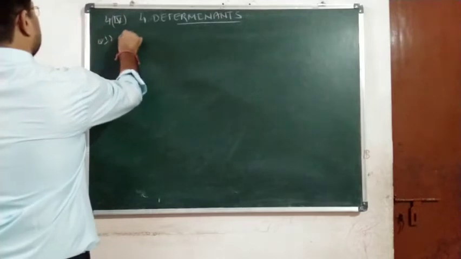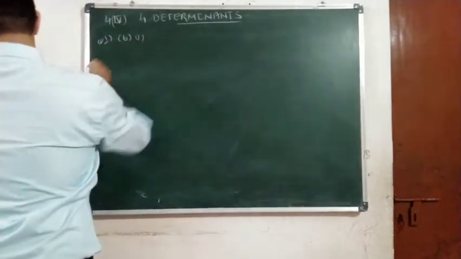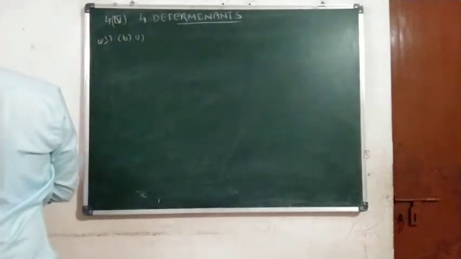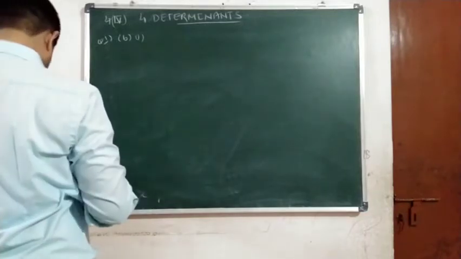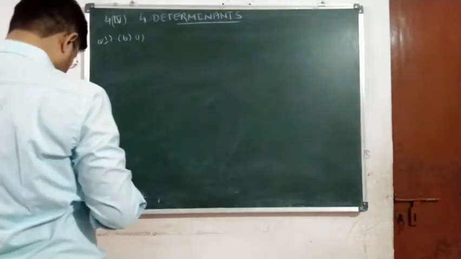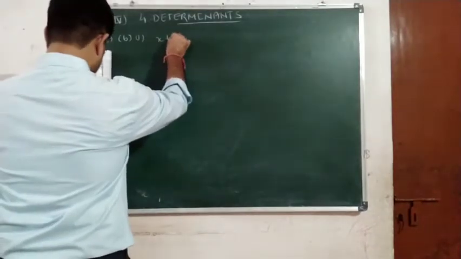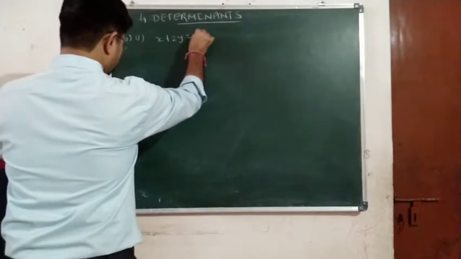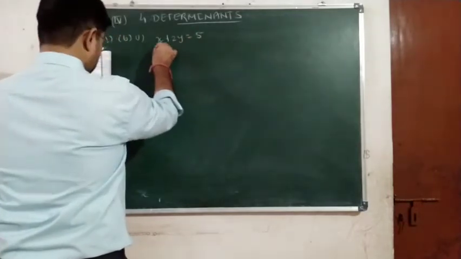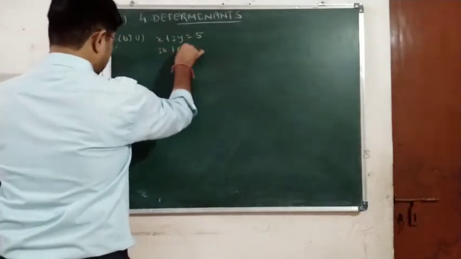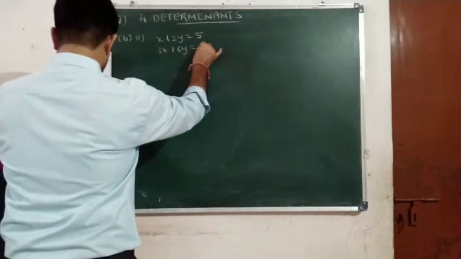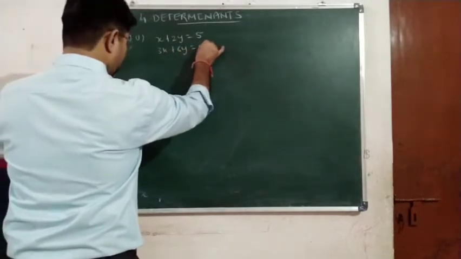Question number 1B. We are given a system of equations: x plus 2y is equal to 5 and 3x plus 6y is equal to 15.